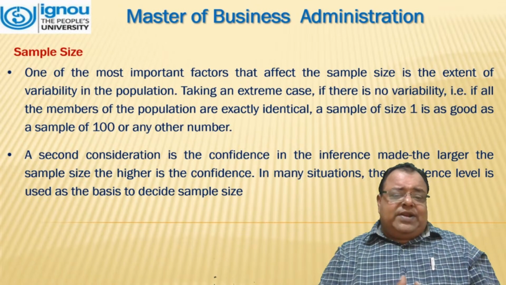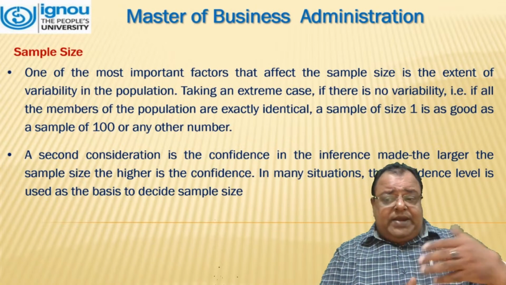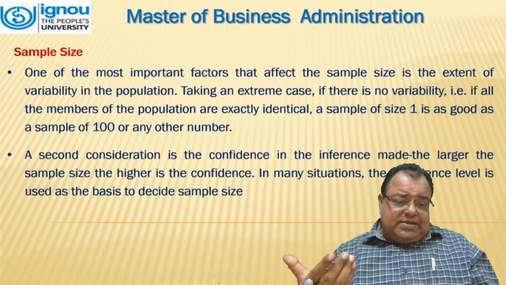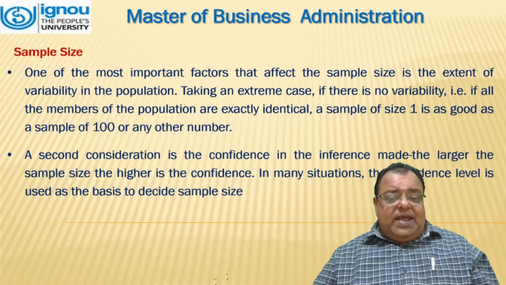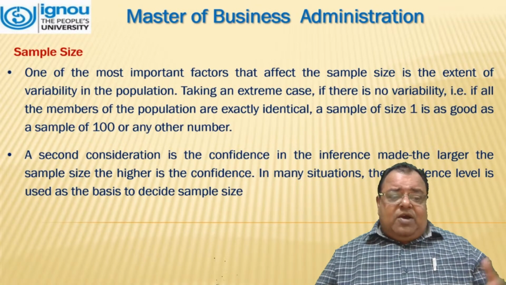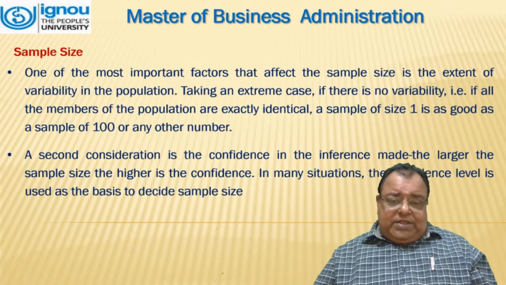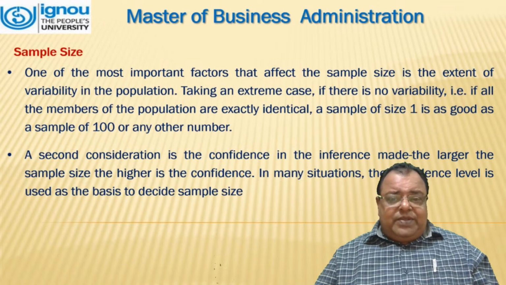A second consideration is the confidence in the inference made. The larger the sample size, the higher the confidence. And in many situations, the confidence level is used as the basis to decide the sample size. With this, we will be concluding this session.